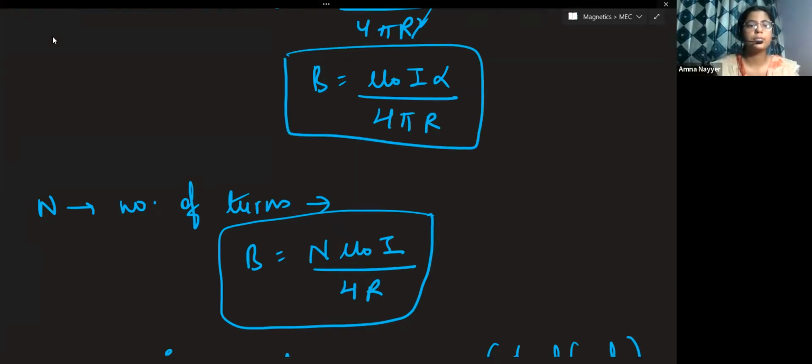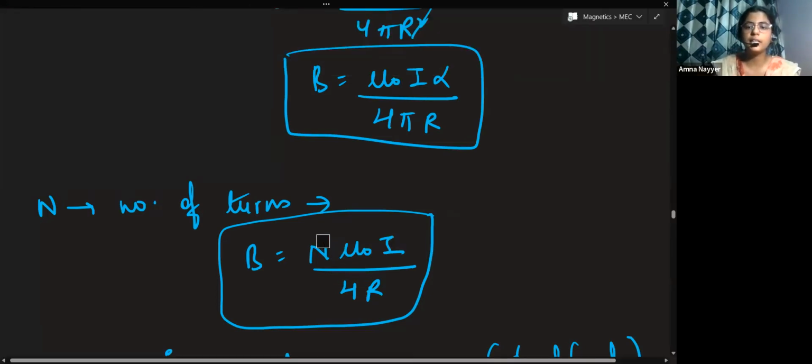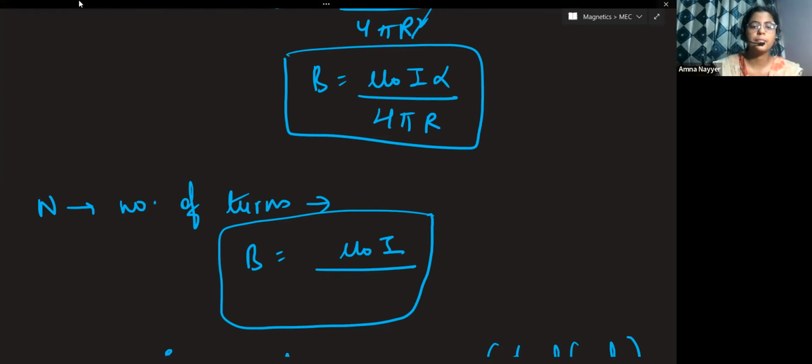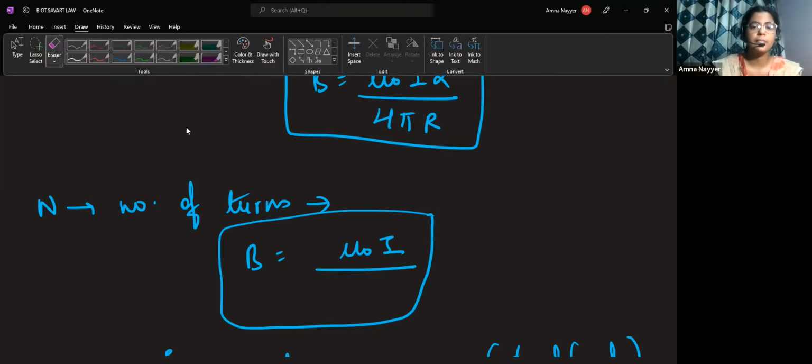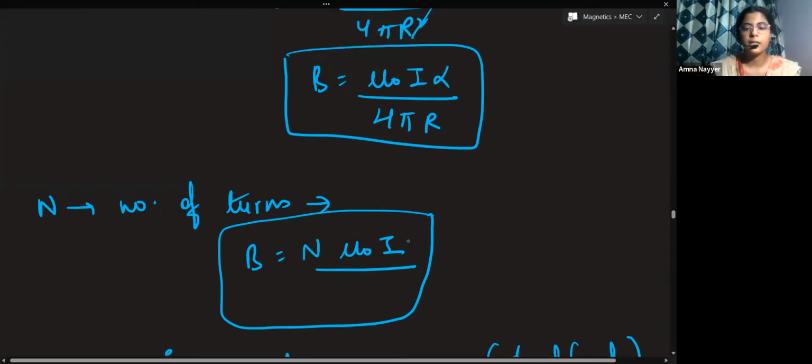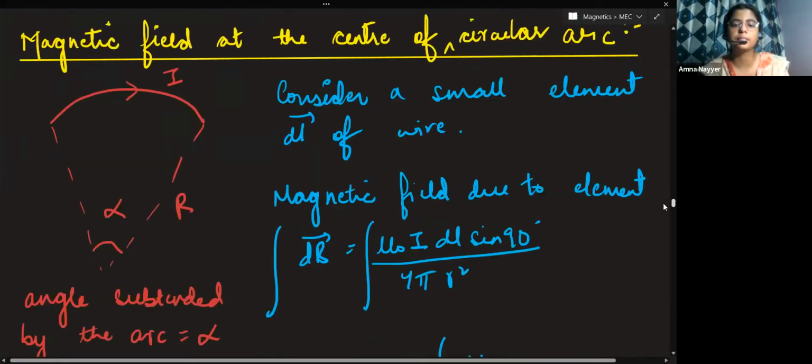Here also, with n turns, n will be there. This will be the formula. All right, so note this down as well. This is for a random circular arc which subtends an angle alpha at the center.